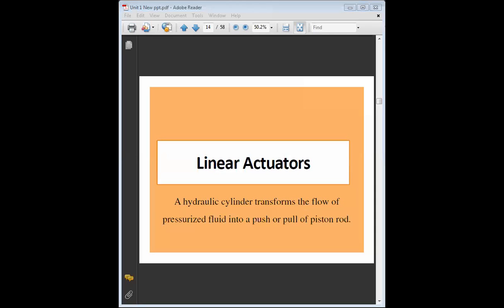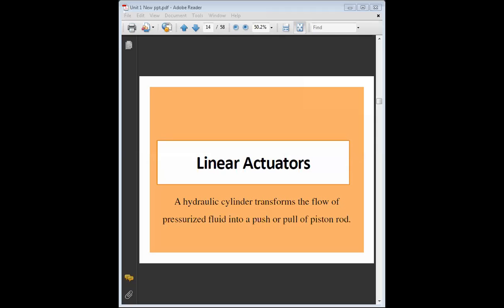This hydraulic cylinder is the most widely used actuator of the hydraulic system. You can call the linear actuator a hydraulic cylinder. Both are the same.